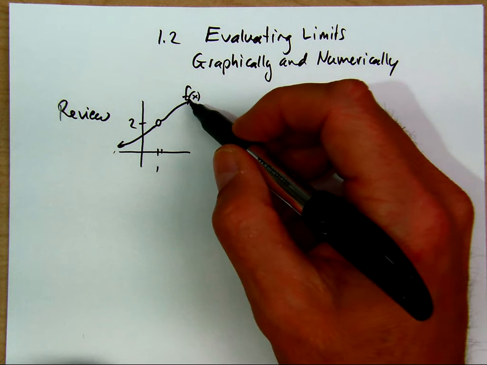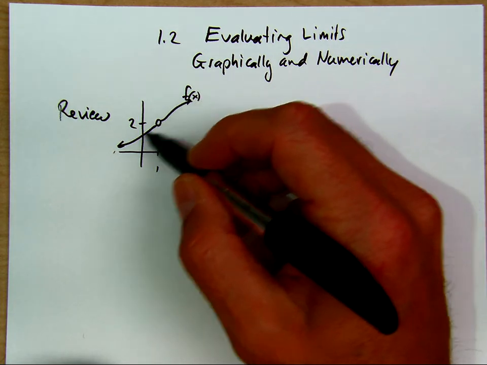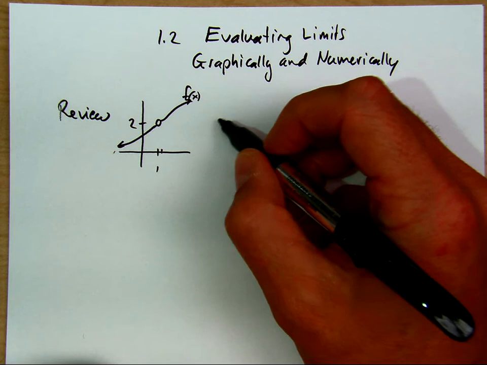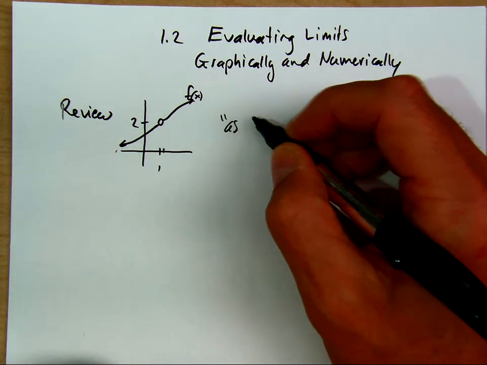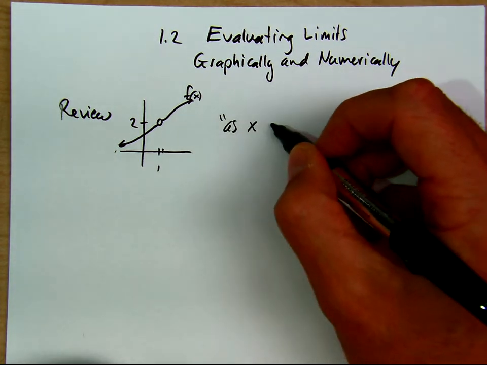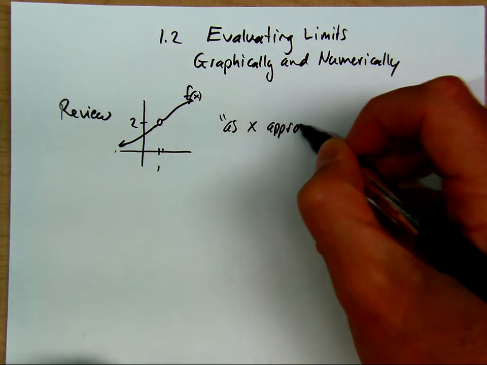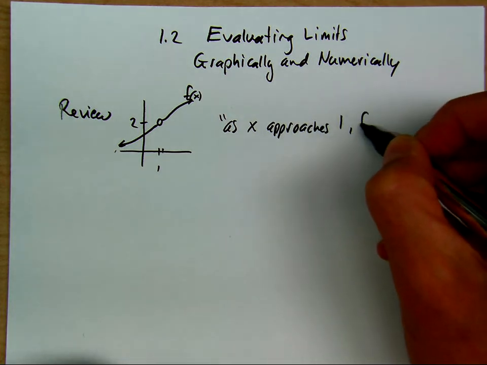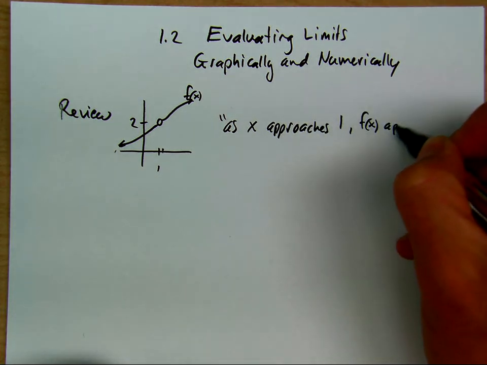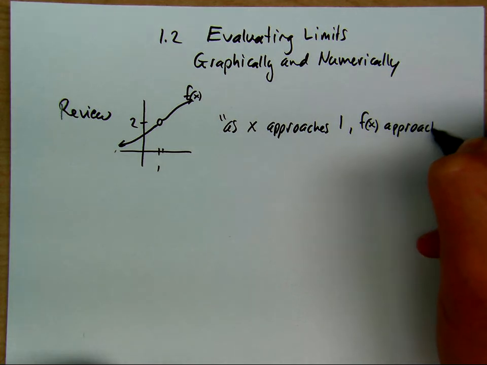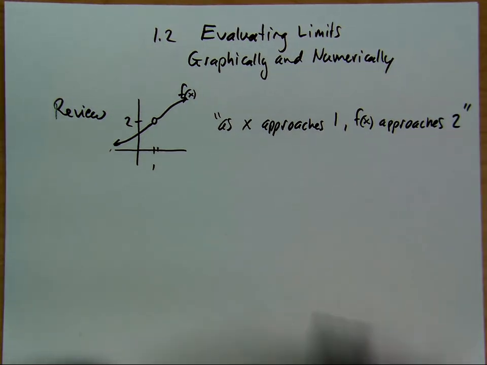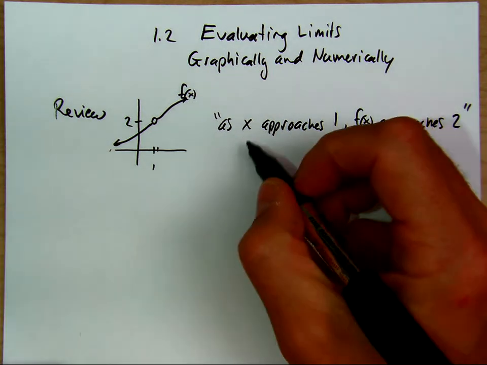So let's describe the behavior of f near x equals 1, and we can say that describes what's happening on the graph.